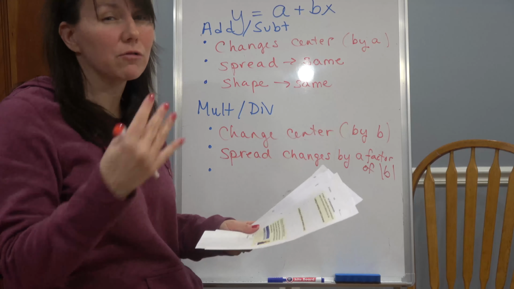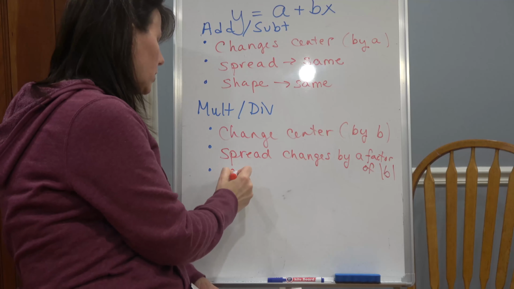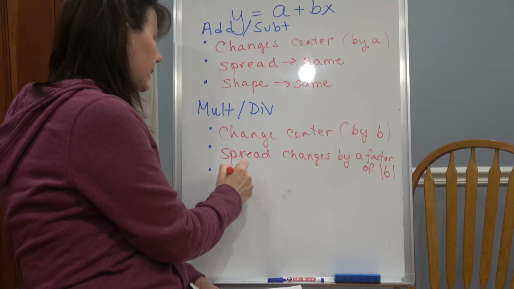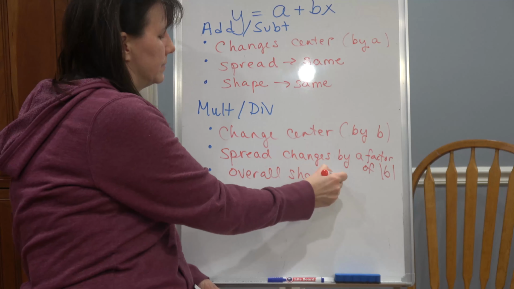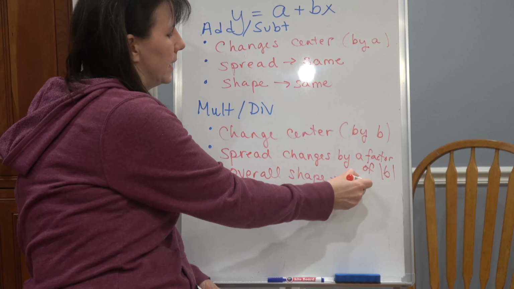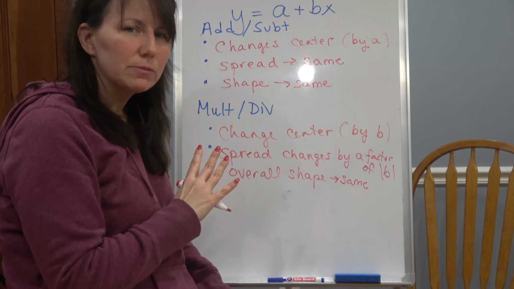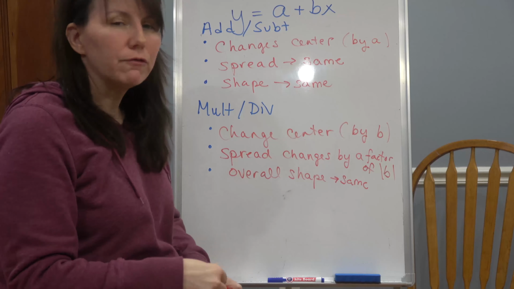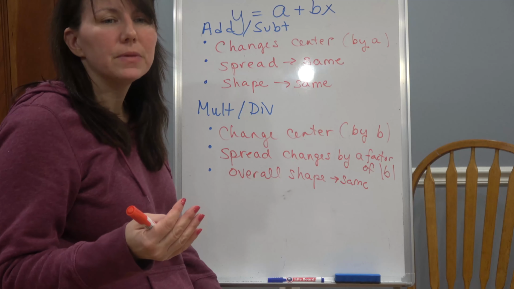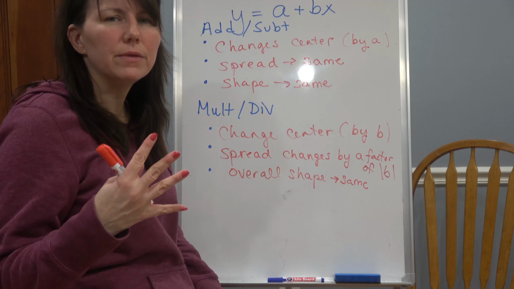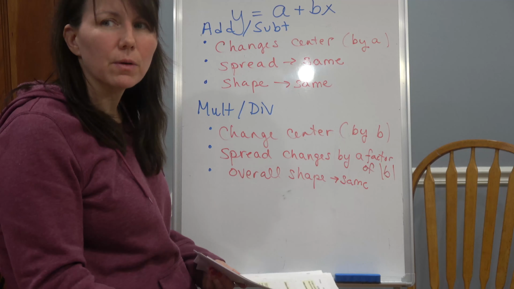It may become more grossly skewed one way or another, but the overall shape is the same. Okay, so it's good to reflect on what we talked about in chapter 2 before we go forward in section 6.2, to think about the connections that can be made.